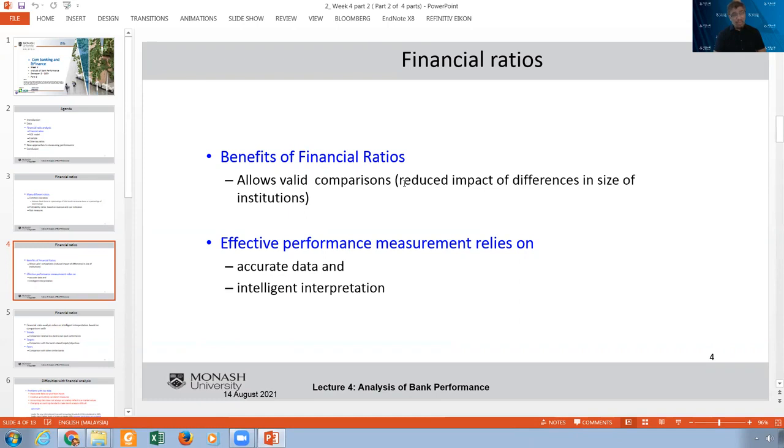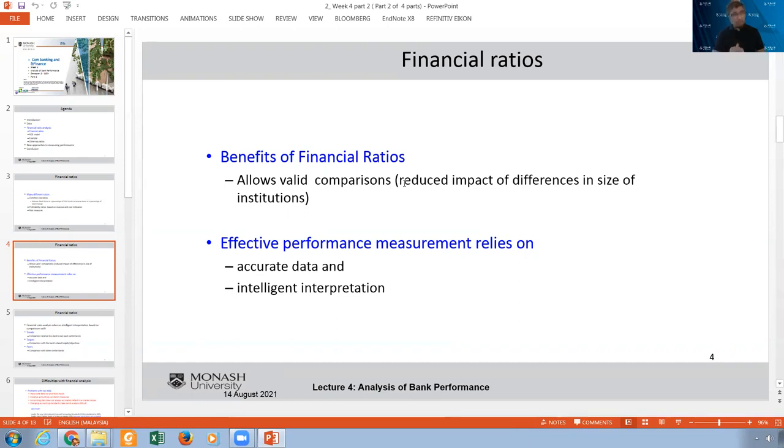I can take the return on assets, which is net income over total assets for that bank, and then go and take one of the smallest banks in Malaysia, for example, or in Indonesia, or anywhere in the Middle East, and do the same thing according to the numbers, the total assets, or if you want to calculate the return on equity.